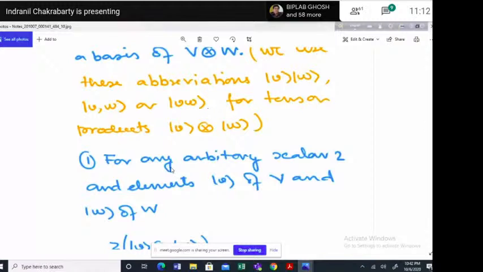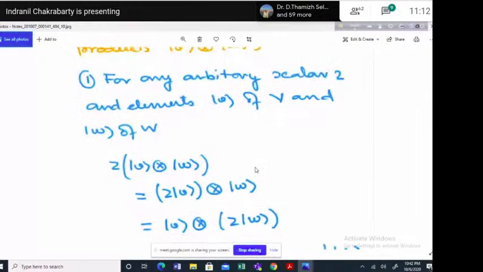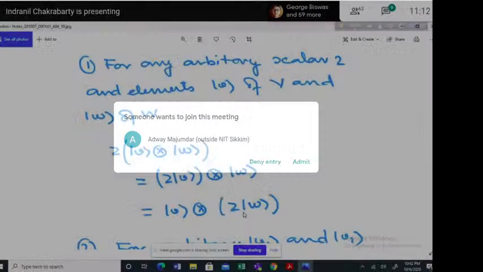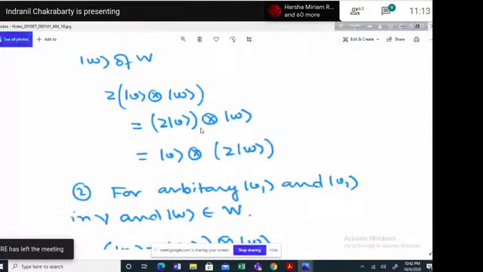What are the conditions that it will satisfy? One of the important conditions is that for any arbitrary scalar z, an element v of V and w of W, z times (v cross w) will be equal to (z v) cross w, or you can say v cross (z w).